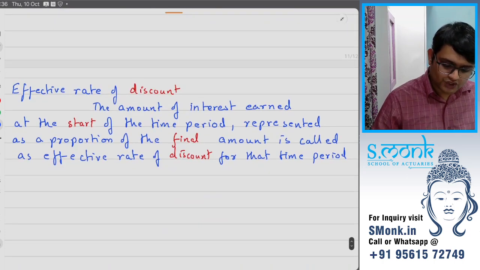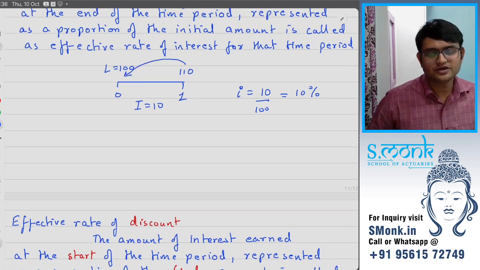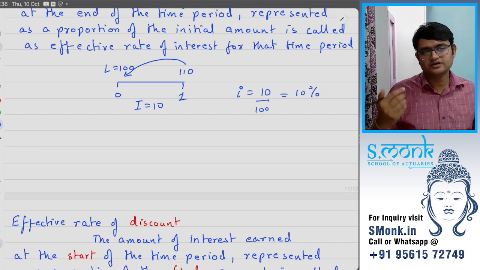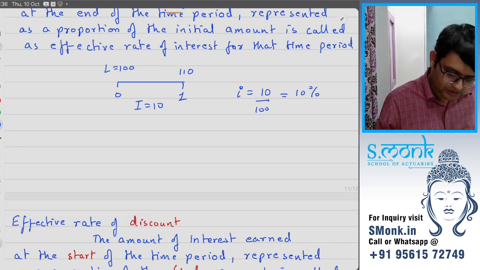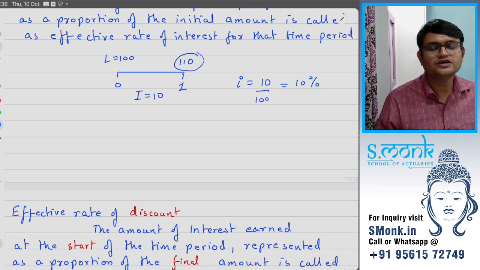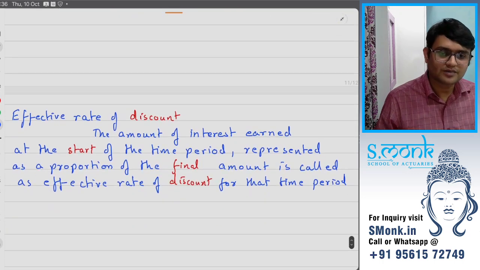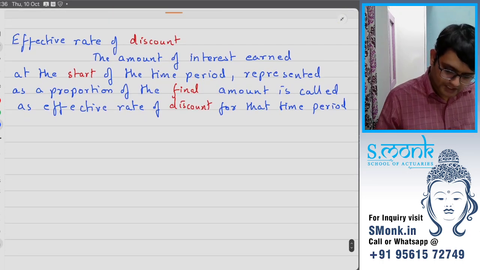Therefore, the definition is also created in such a way that the interest is paid at the start of the time period, because we are coming back. And we know the final amount, so we will calculate the rate of discount as a proportion of the final amount.